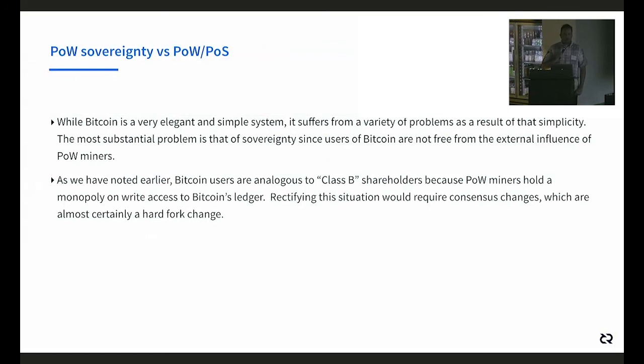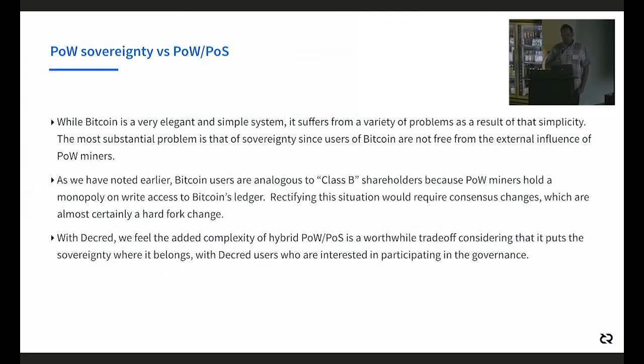rectifying this situation for a pure proof of work currency like Bitcoin would require a hard forking change, which I would expect to have almost no chance of passing. But that's me. I'm pessimistic on that front after working on this for a few years.